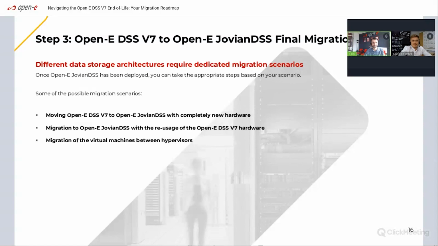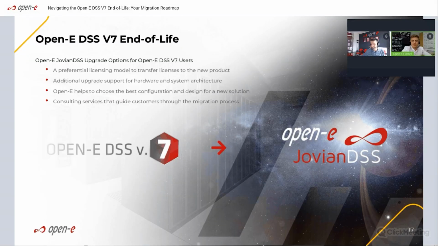Okay, thank you. Many thanks, Filip, for the explanation, and we can move on. So yes, our goal here is customer satisfaction. What we offer is comfortable upgrade and migration from Open-E DSS V7 to Open-E JovianDSS.